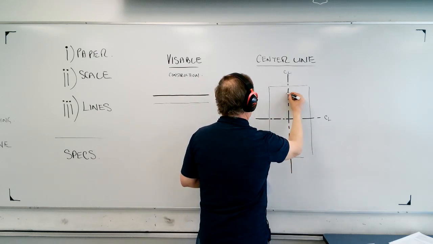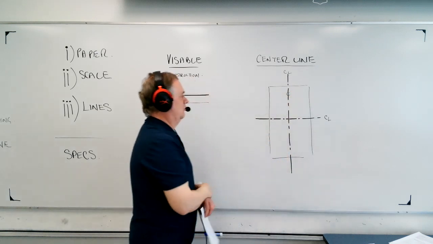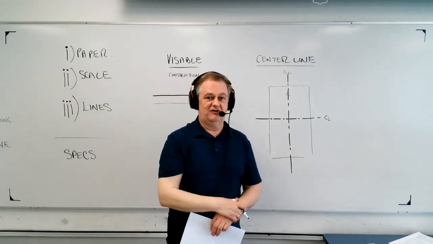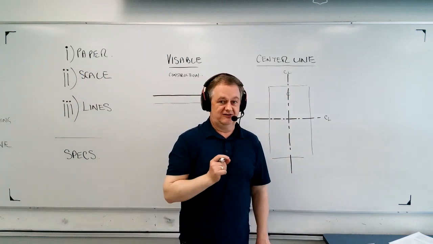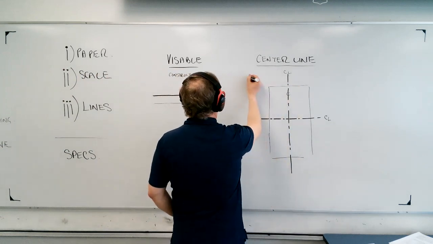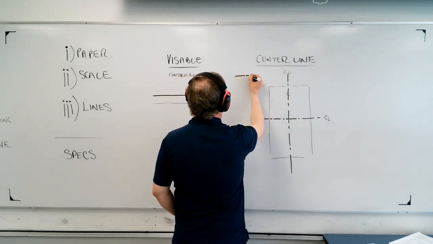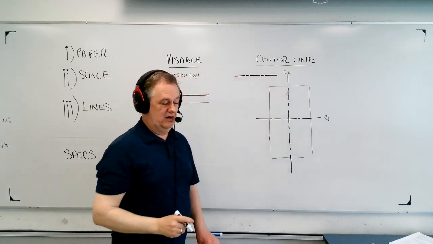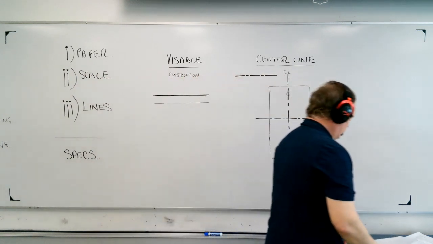Sometimes you'll even see a C centered on it. But the C or CL is not necessary to know that that's a center line. It's really just from the arrangement. It's this here. That's a center line, all right? So center lines are important to recognize.